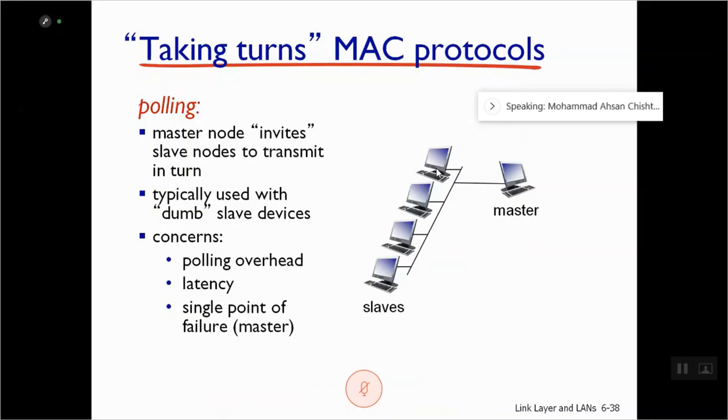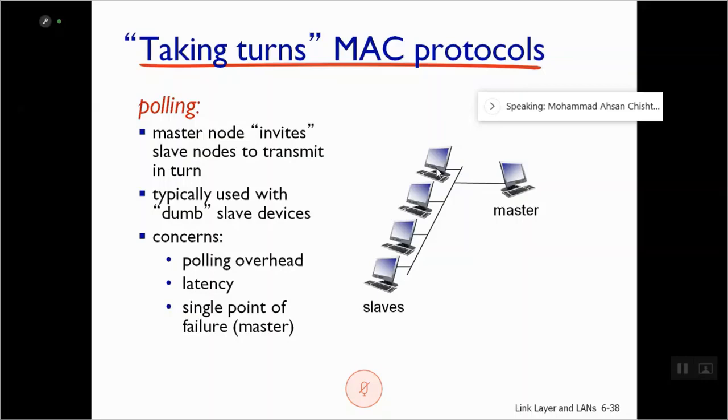Another disadvantage is that even though among these four, if only one node is active, that node cannot actually send at R bits per second. Why? Because the master node has to poll each of the inactive nodes in turn. Each would take a time to reply, no, I don't have to send anything. The polling delay is to be added.